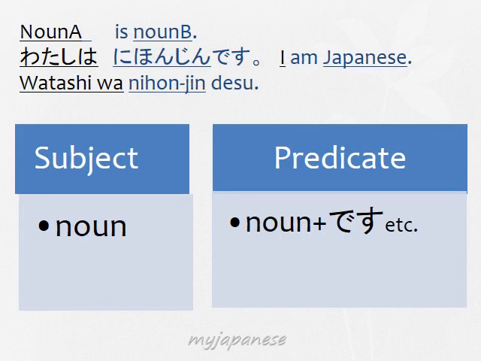Let's check each type with examples. First one, noun sentence. Noun A is noun B. Used to express someone or something is what?